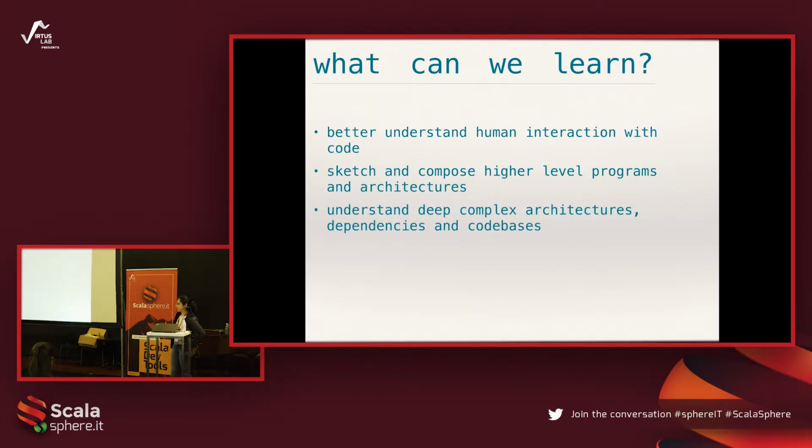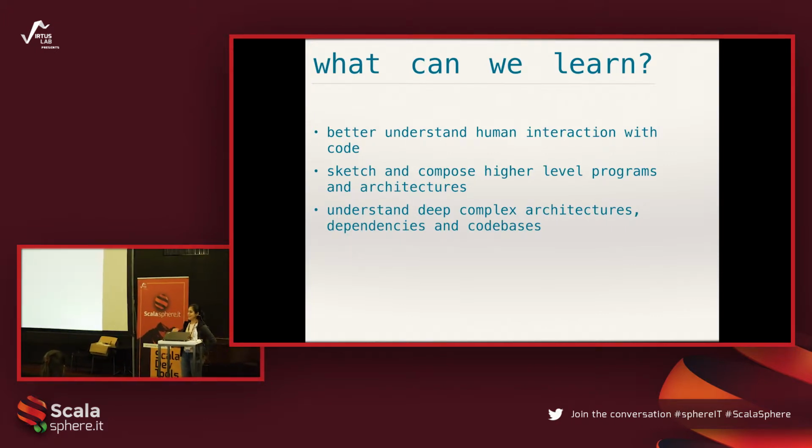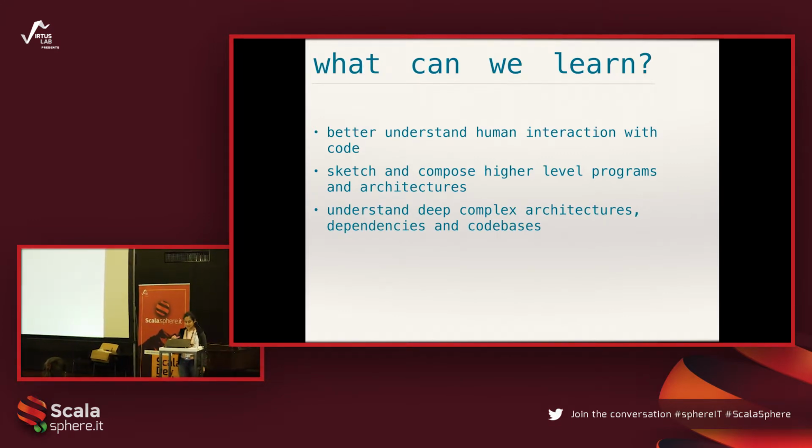So what can we learn, right? There are all these nuances, if you will, and we want to be able to use them to take coding and our experience with code to the next level. So one of the first things that we can learn is to better understand human interaction with code. And this is really key because how you go about problem solving is so important, right?